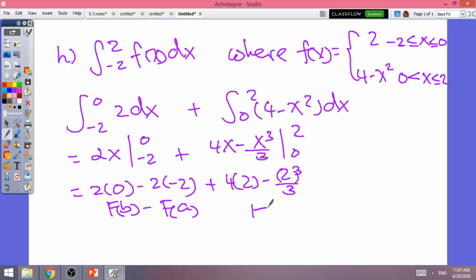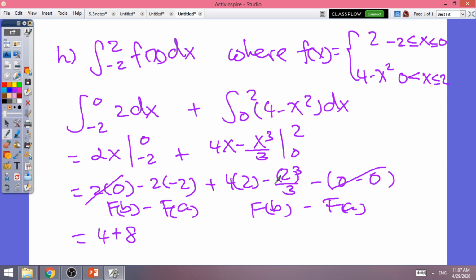This part right here is f of b, minus f of a, so minus the quantity of 4 times 0, that's 0, and 0 to the power 3 over 3, that's 0. Simplified, it cancels, this one's gone. Negative 2 times negative 2 is positive 4, plus 4 times 2, 8. And then this one is negative 8 over 3.